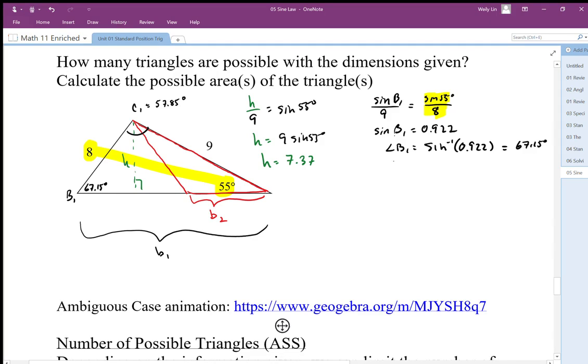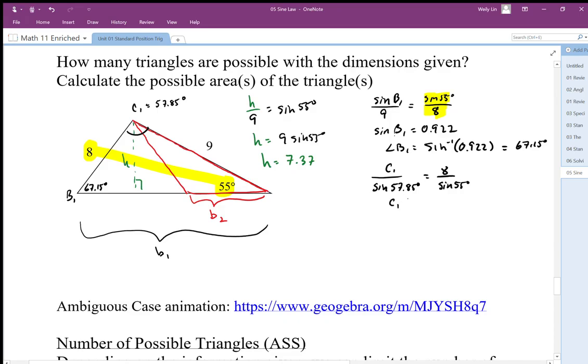Then I solve for side C1 using the sine law again, with the known angle and opposite side pairing.